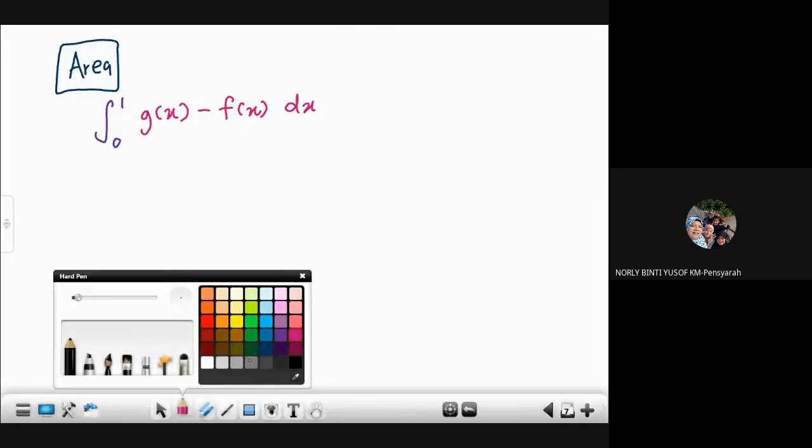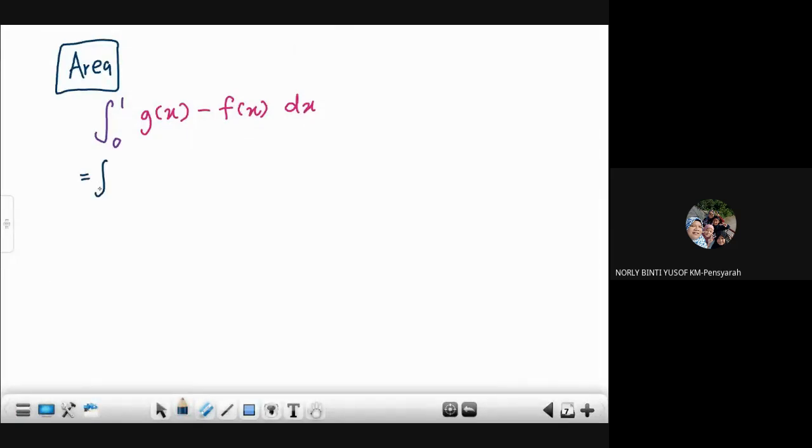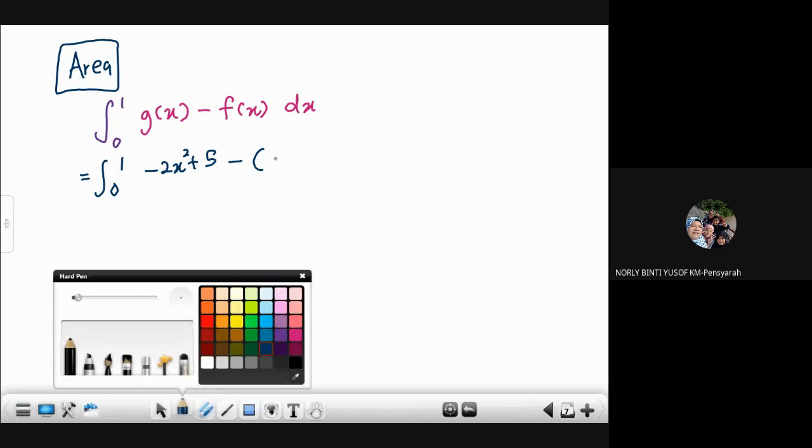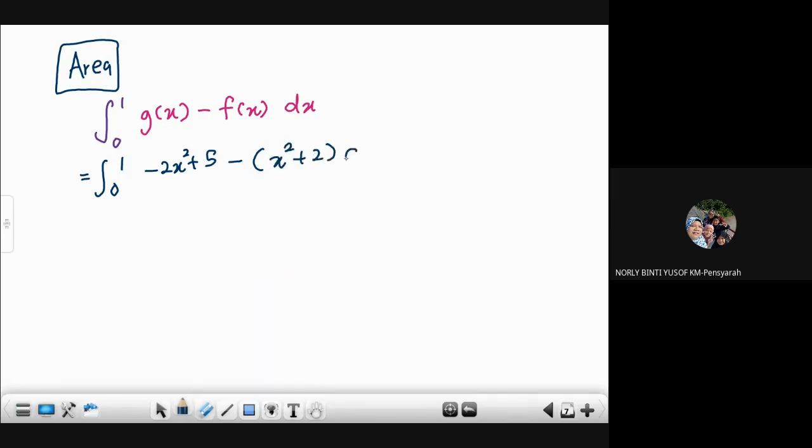So barulah masuk kan. From 0 to 1, g(x) you adalah negative 2x squared plus 5, minus in bracket sebab function. Kalau tak ada bracket nanti dia tak change sign for x squared plus 2 dx.